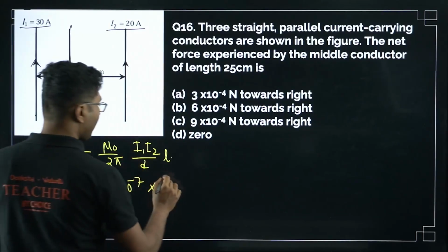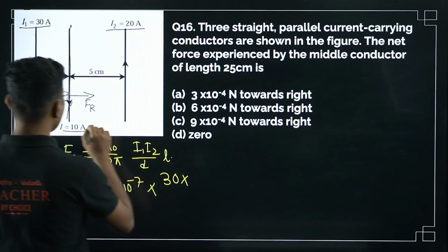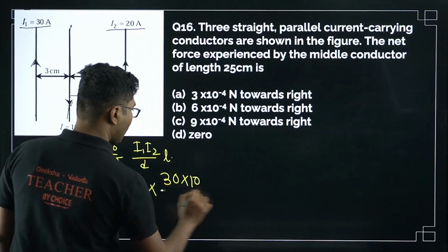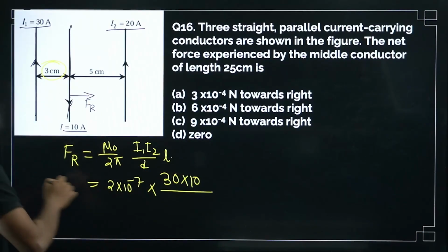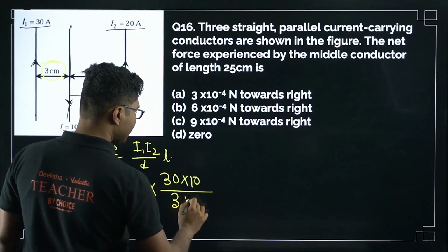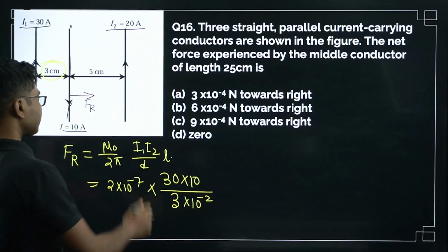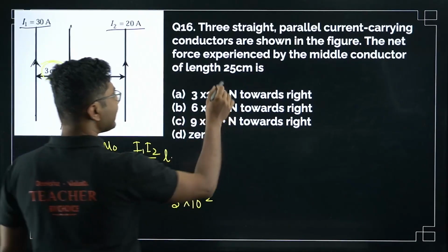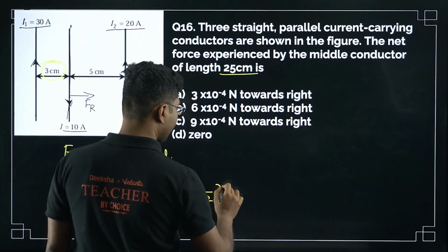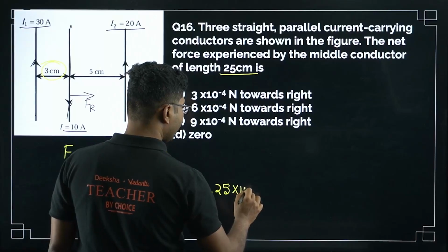I1 is 30, I2 is 10. The distance is 3 centimeter, which means 3 × 10^-2. The length is given as 25 centimeters, so 25 × 10^-2.